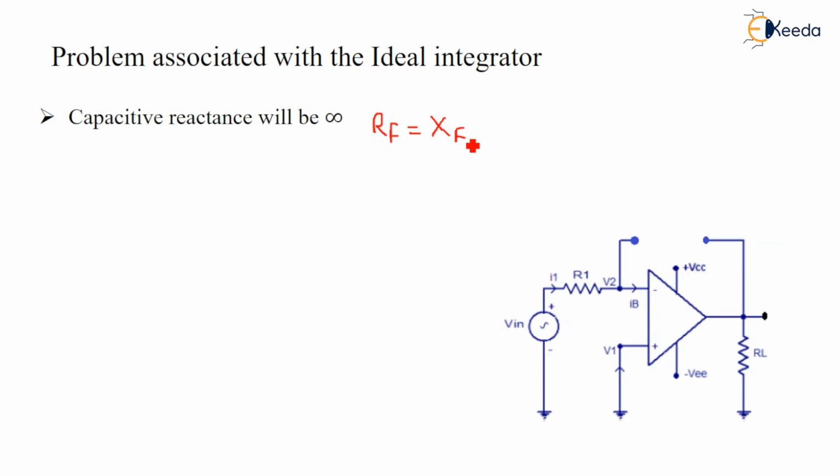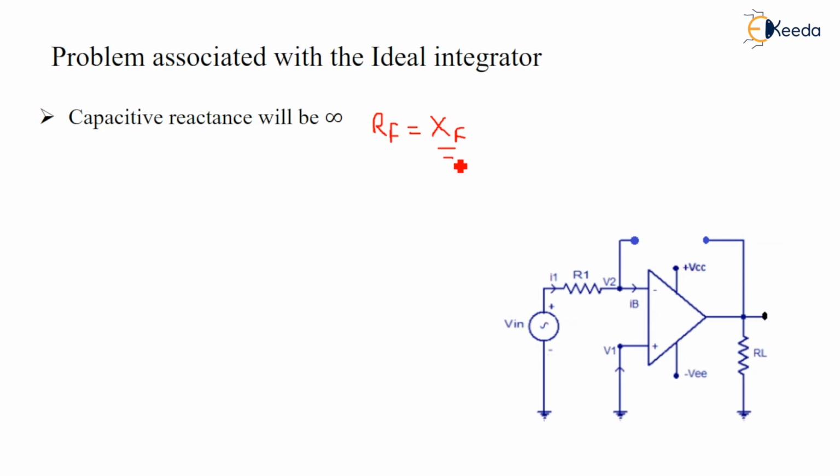In the absence of any input signal, the capacitive reactance will be infinite. If this is infinite, what will be the gain? The gain will also be infinite. Now, it will amplify any input offset voltage which is present at the input of the op-amp. Obviously, the error voltage will come, and this is one of the problems.